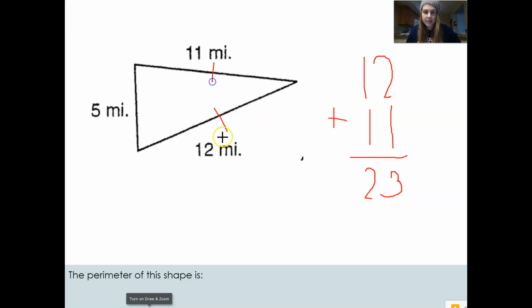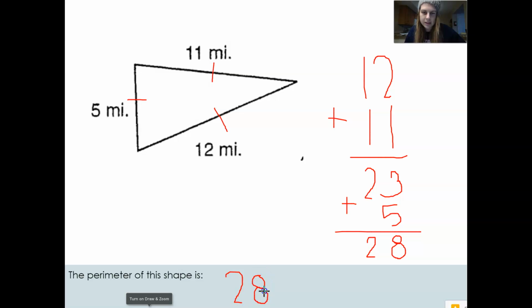And once I've added these two sides, the only side left for me to add is my 5. 23 plus 5 more. 3 plus 5 is 8. 2 plus 0 is 2. The perimeter of this shape is 28.